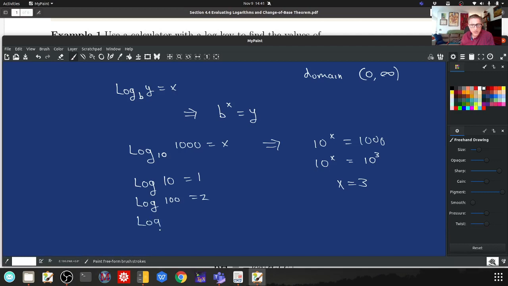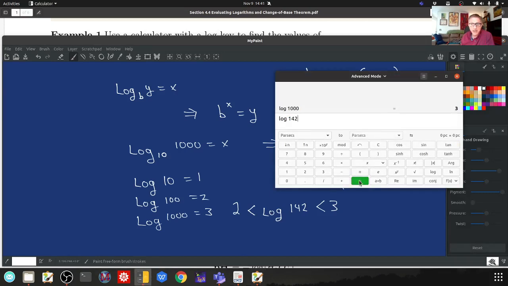And log of 1000 is equal to 3. So we want to find the log of 142. I know it's going to be greater than 2 and less than 3. That's an important lower and upper bound. I'm not sure what it is, but I expect that it's going to be closer to 2 than it is to 3. So let's actually find out what it is.